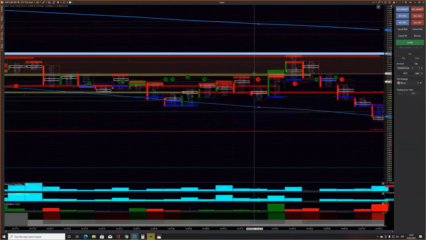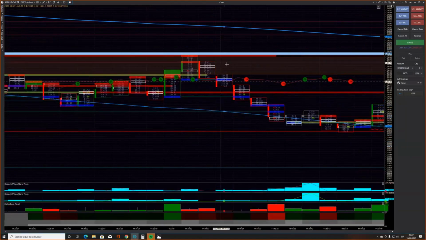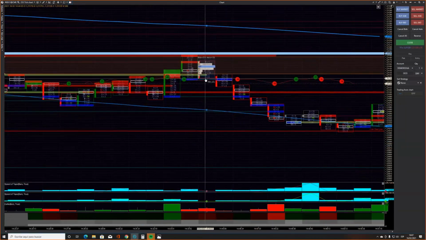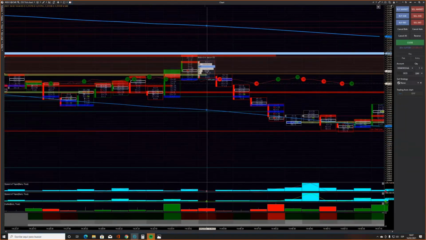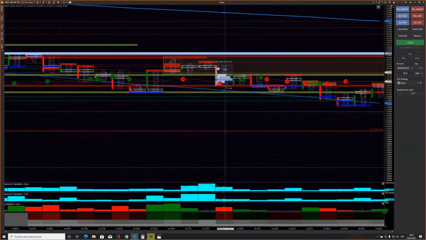If I were looking for an entry, let's see how the volume was in this particular candle. We'll look for small volume on this down movement to spot a good entry.